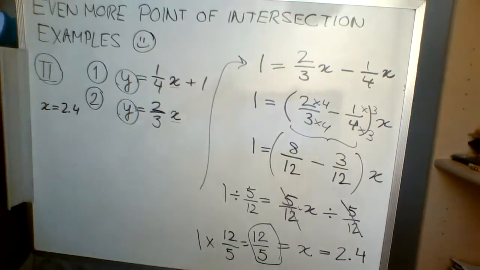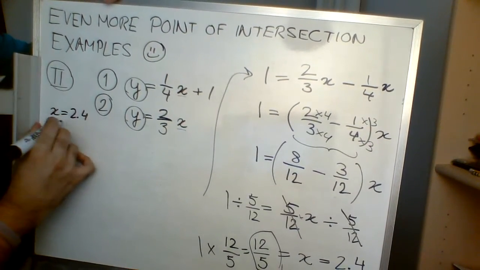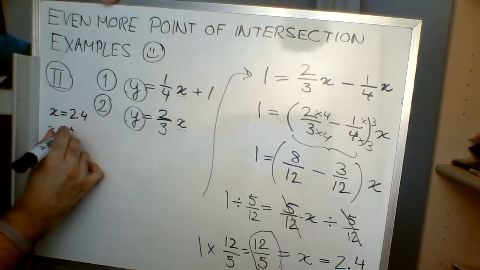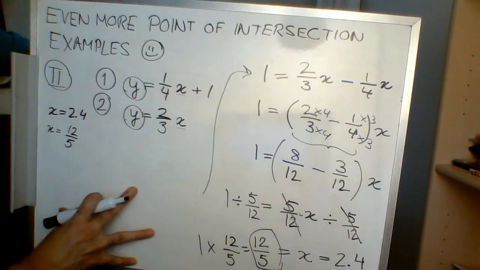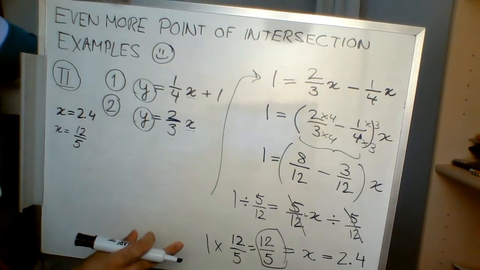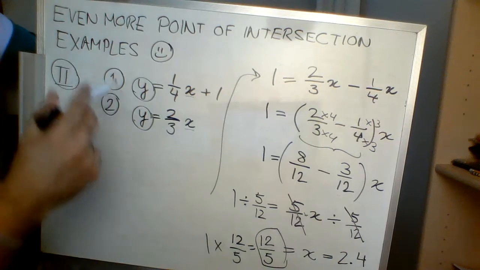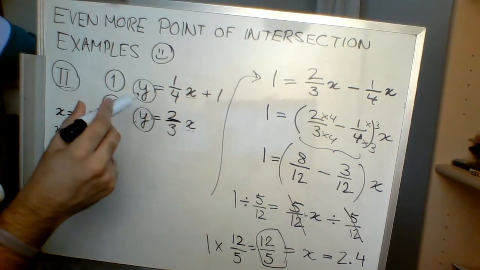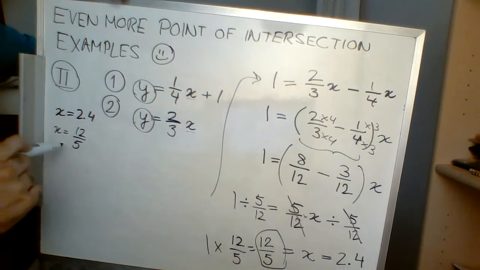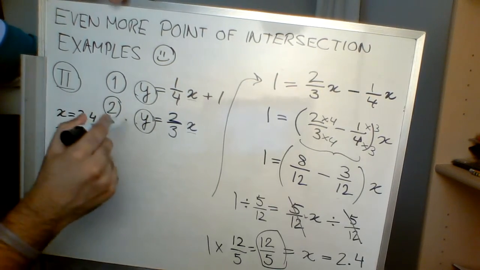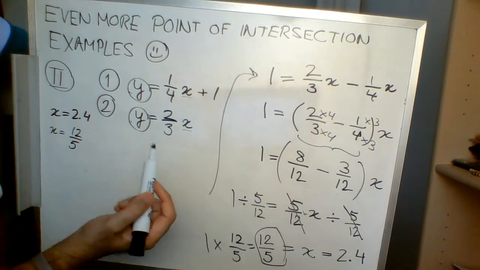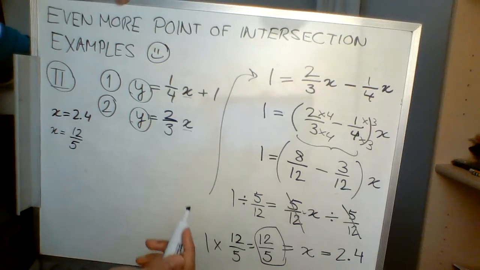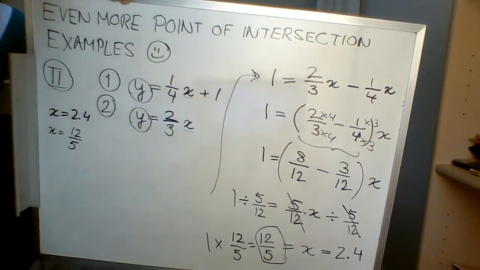So x is equal to 2.4, but we also know that as a fraction x is equal to 12 over 5. So if we've done this right, then when we sub in the x value of 12 over 5 into either equation 1 or equation 2, it should spit out the same answer for y. So let's do it both ways.